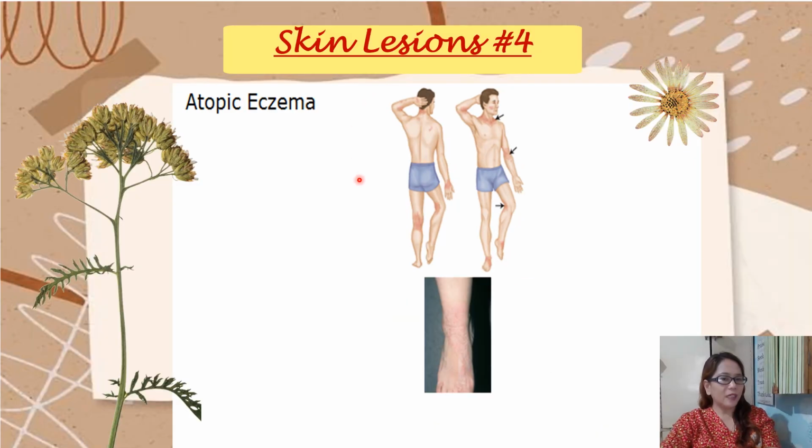So atopic eczema, or dermatitis. Atopic dermatitis is a condition that makes the skin red and itchy. This is common in children, but again can occur at any age. This is also chronic or long-lasting.